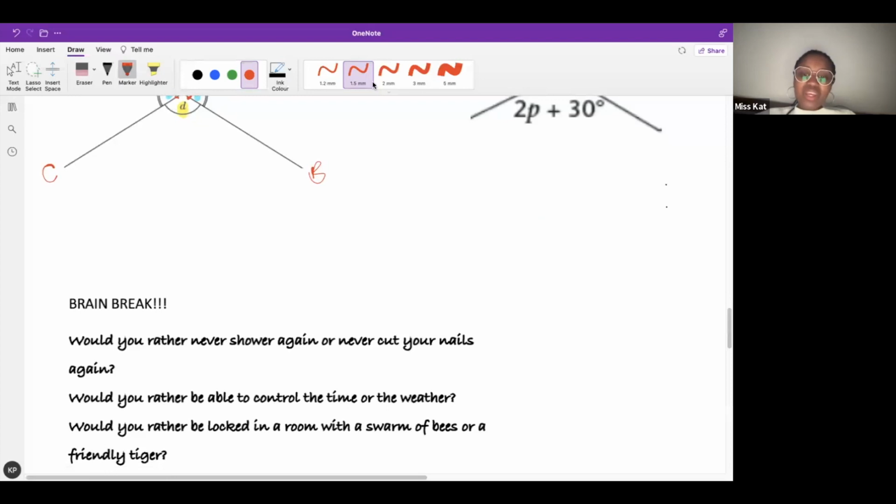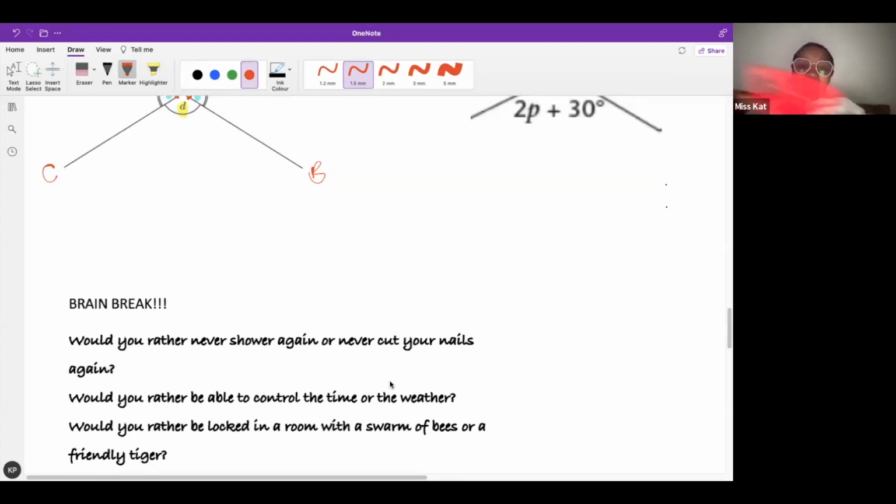Would you rather be in a room with a swarm of bees or a friendly tiger? A swarm of bees, ma'am. If you don't move, the bees won't bite you or anything.